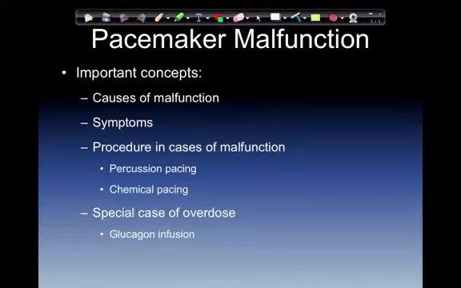There's also chemical pacing, pacing with dopamine or epinephrine. We're going to directly talk to the tissue. And in special cases of overdose, let's say the patient overdosed on beta blockers, we could provide them with a glucagon infusion. Glucagon is the antidote for beta blocker overdose.